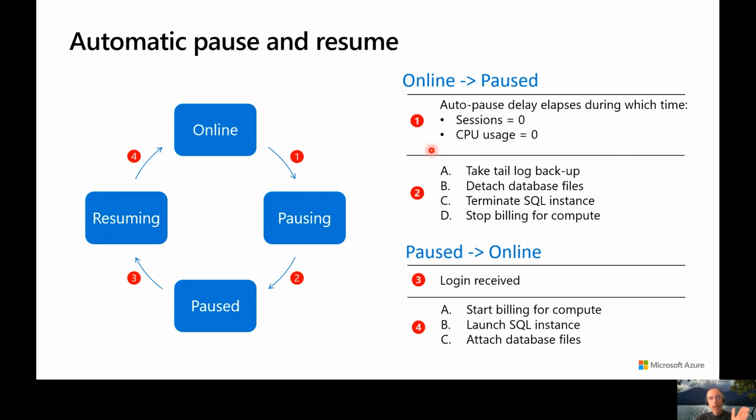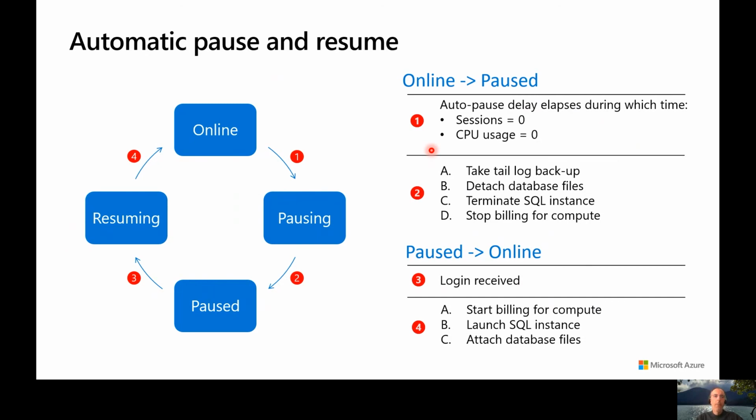So if the total number of sessions is identically zero and the CPU usage is also identically zero, for the length of time as specified by the auto pause delay, which is configurable by the customer, if both those conditions are true for that length of time, then the service will initiate the pausing operation.